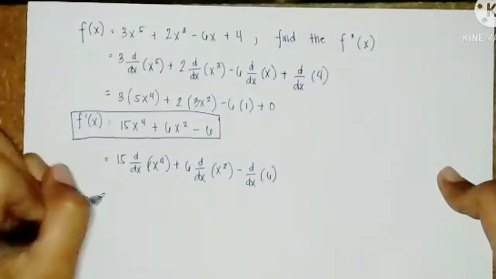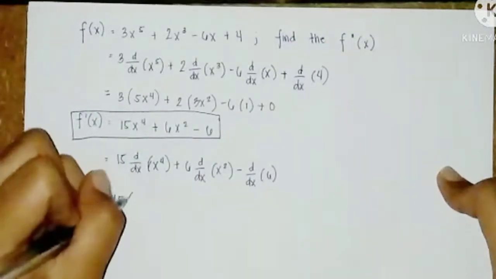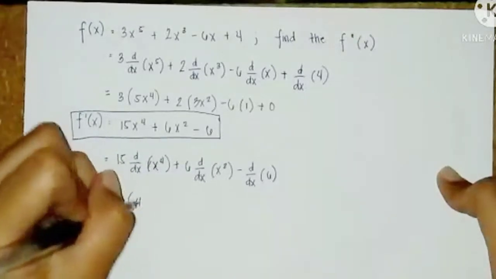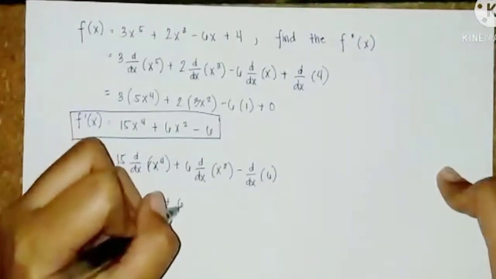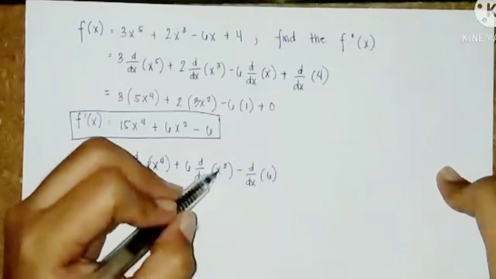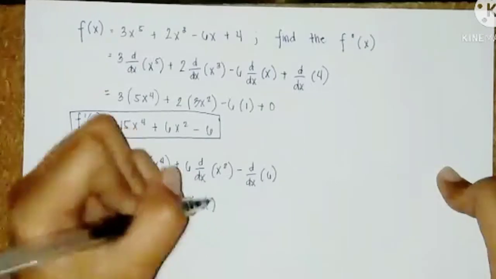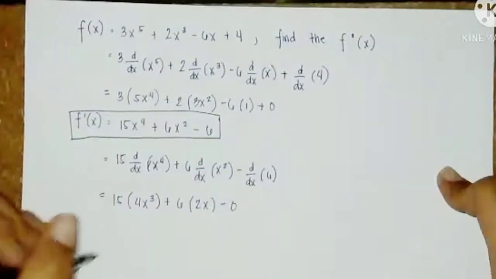So to simplify, let us have 15, then the derivative of x raised to 4 is 4x cubed plus 6, then the derivative of x squared is 2x minus the derivative of 6 is 0.